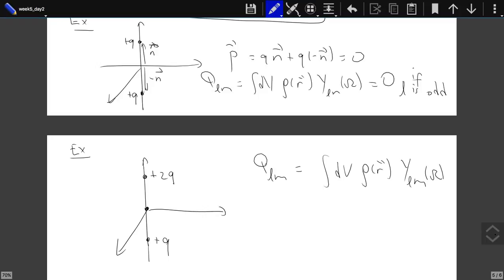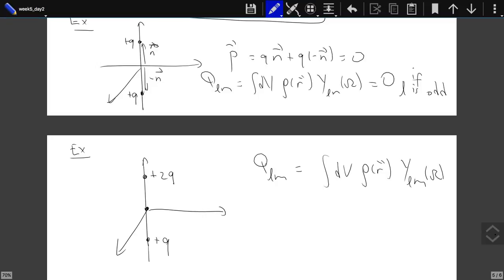Of course, first we have to understand why the odd moments were 0 in the previous case. And understand why the first one is 0.